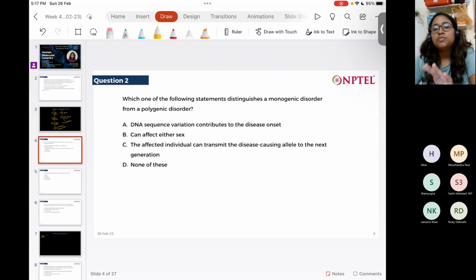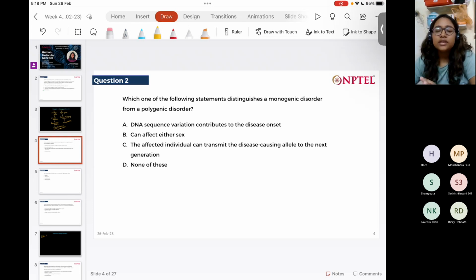Monogenic and polygenic disorders do not show any difference in how they transmit. They follow the same Mendelian inheritance pattern where segregation happens, right? Homologous chromosomes segregate into gametes and then are passed on to the next generation by the mother and father. So that pattern is the same.